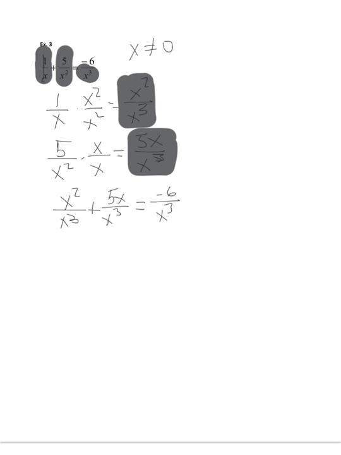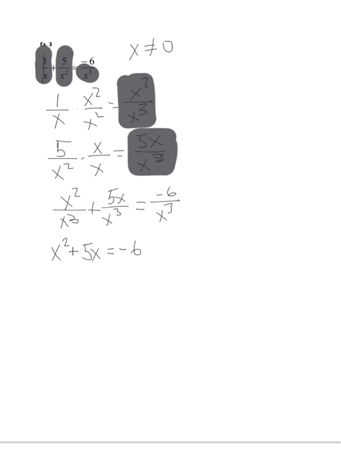And now that every term in this equation has a common denominator of x cubed, I can rewrite the new equation of the numerator, which will then be x squared plus 5x equals negative 6.